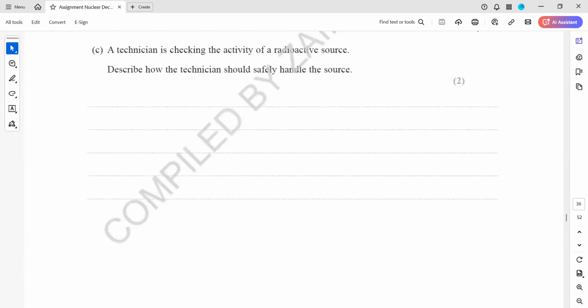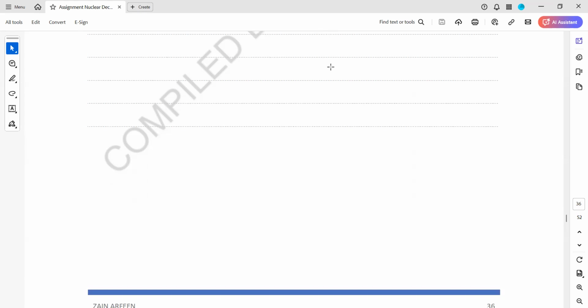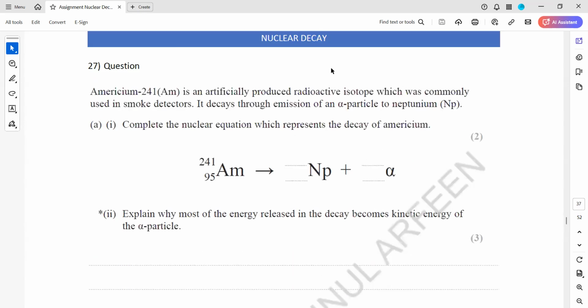When it is not in use, the source should be stored in a lead-lined box. And it should not point up towards the people, like the living tissues. So a technician should use long forceps, should not point towards the soft tissues, and should keep it in a lead-lined box when not in use.